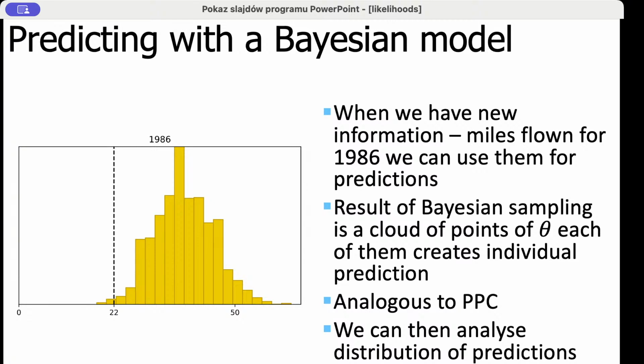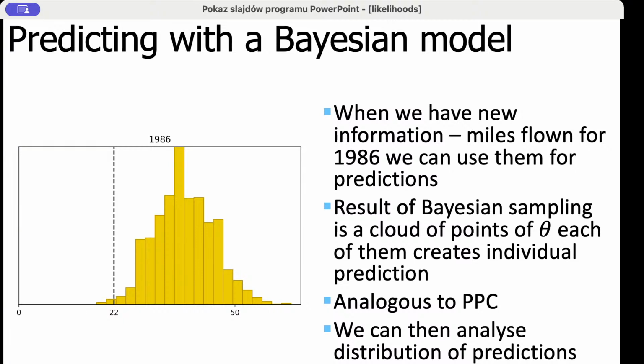And of course, we can use our Bayesian model to create predictions in the same way as posterior predictive checks. We can use new data, for example, miles flown in 1996, so after the time period we've computed, and we can then sample the probability of an accident happening per mile, corresponding to theta, through sampling.